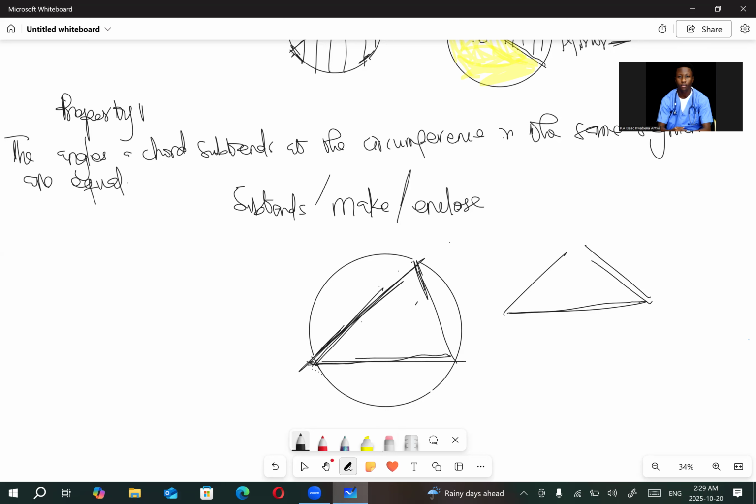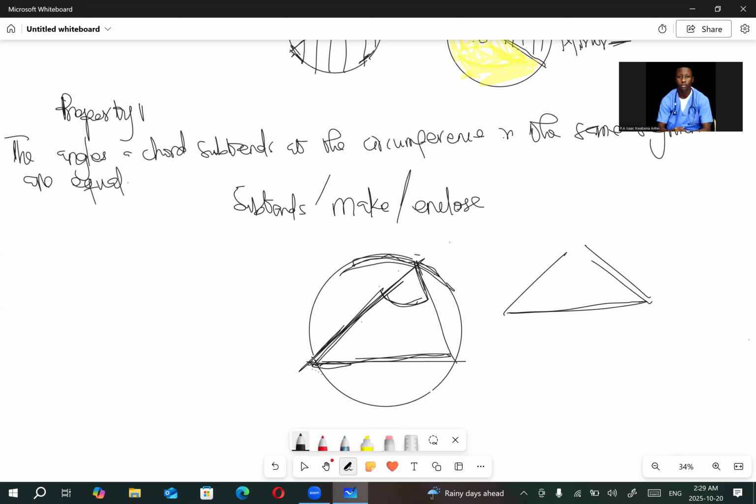Then you say this chord has raised an angle. Where is the angle raised? You know the terms now. On the circumference. Good.